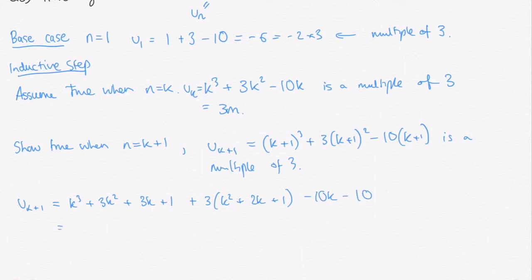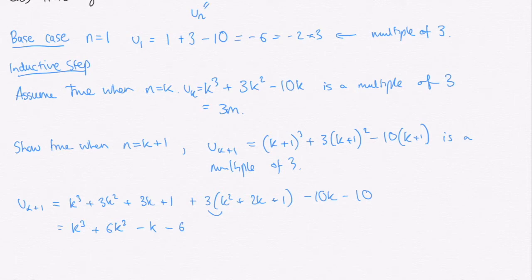And if we collect our like terms now, we get k cubed, 3k squared plus another 3k squared, so plus 6k squared, and then we have 3k plus 3 times 2k, which is 6k. So we have 9k subtract 10k, which is negative k. And then finally we have 1 plus 3, which is 4, subtract 10, which is negative 6.